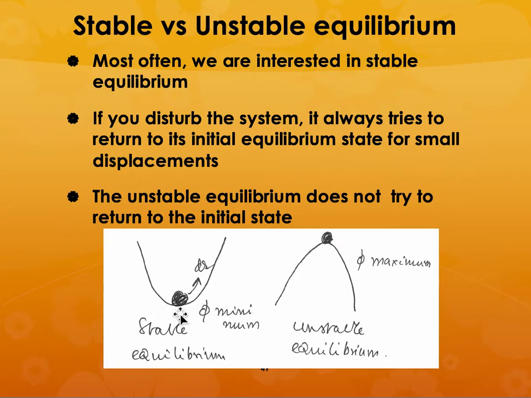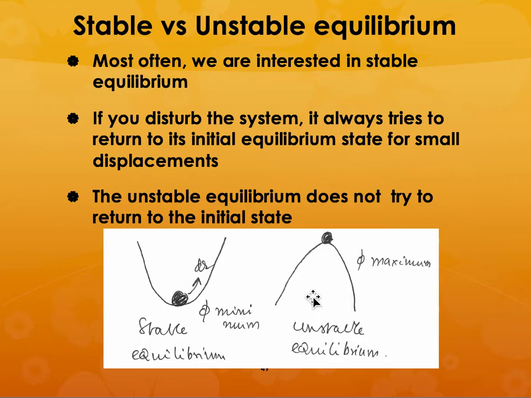So it is a stable equilibrium and you really do not have any natural direction in which it will go up or down or anything like that. It is just that this is the most natural state for this particular system. It will always try to return to its initial equilibrium state for small displacements. You cannot push it out so much that it goes out of the trough.